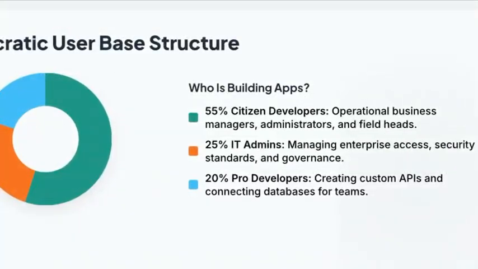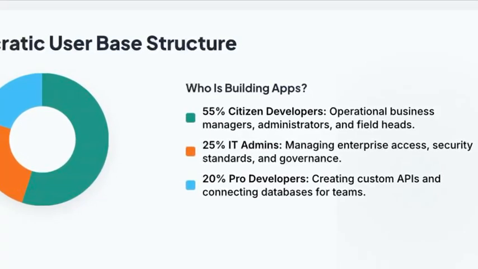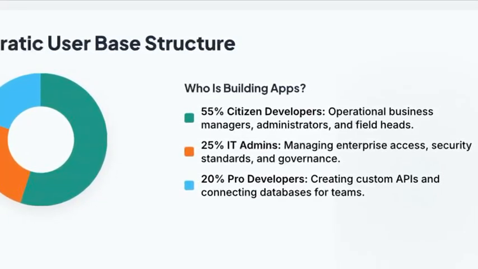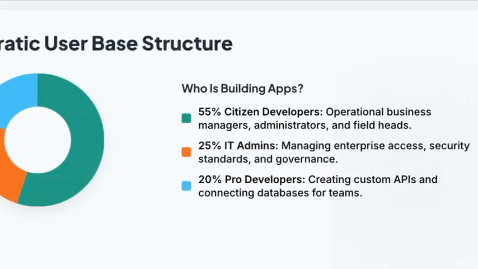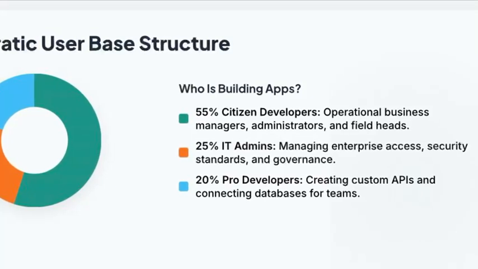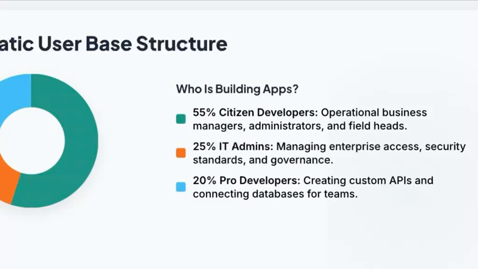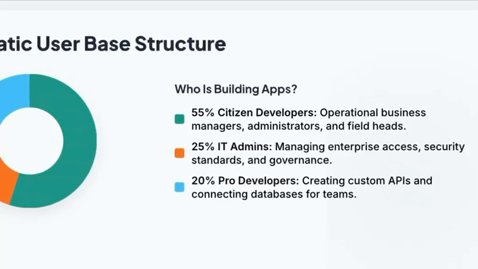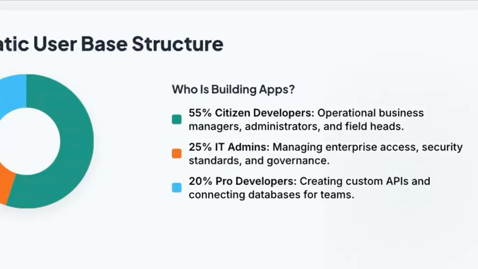So, a common misconception about no-code is that it leads to shadow IT, where business units build unsecured, unmonitored apps that IT knows nothing about. This chart shows how AppSheet prevents that. As you can see, 55% of app creators are citizen developers, as I mentioned in the first slide. The business users building day-to-day tools.